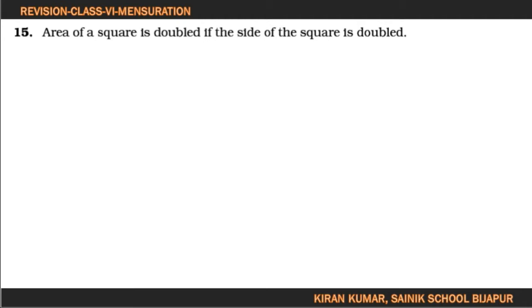15th statement, area of a square is doubled if the side of a square is doubled. Is this statement true? Let me consider a square in which the side is A units, then its area is A square.